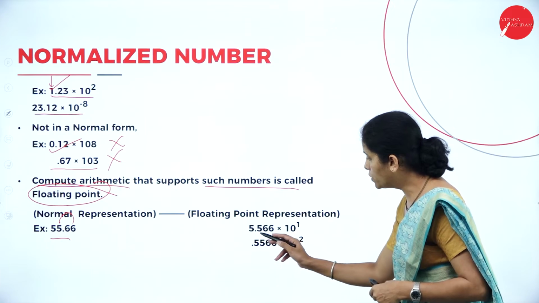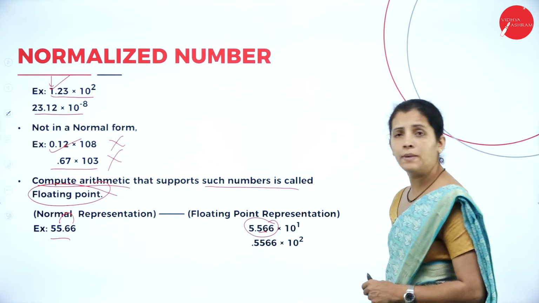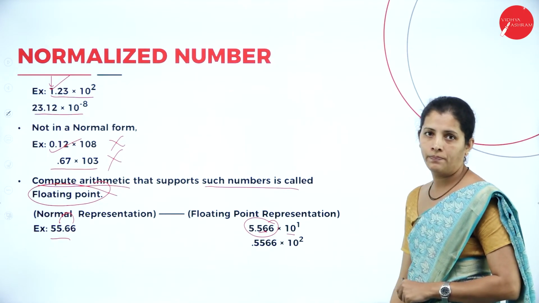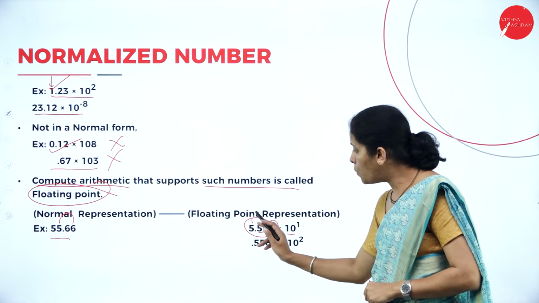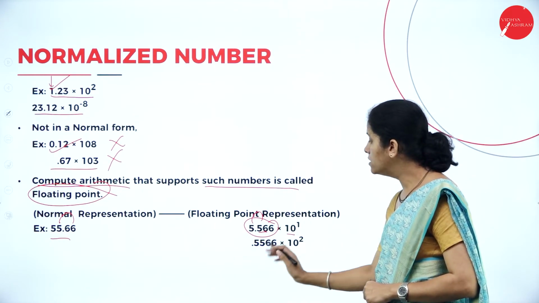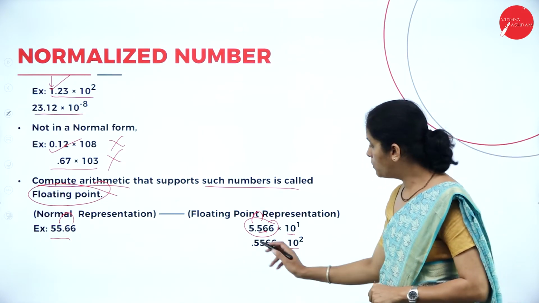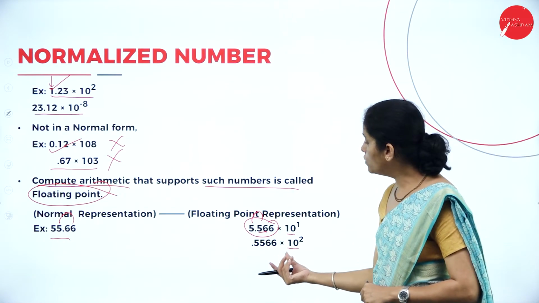See here, I'm going to shift 1 digit, and it is a decimal number, for that reason 10 to the power 1. Now, the next time, I'm going to shift 1 digit towards the right, so it is 2 digits, 0.5566.